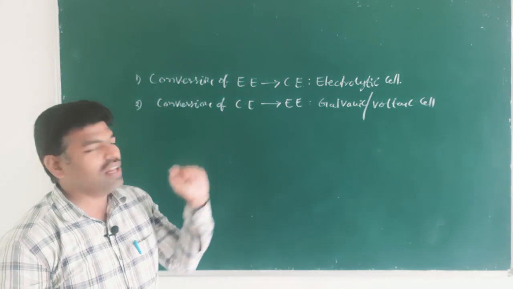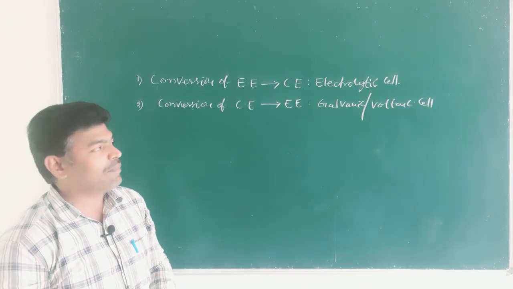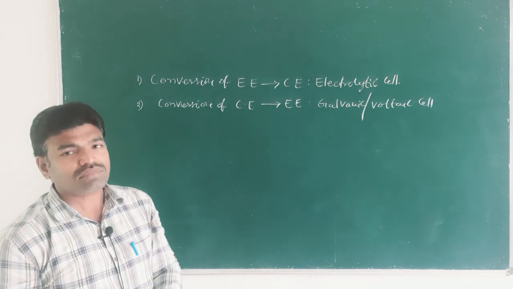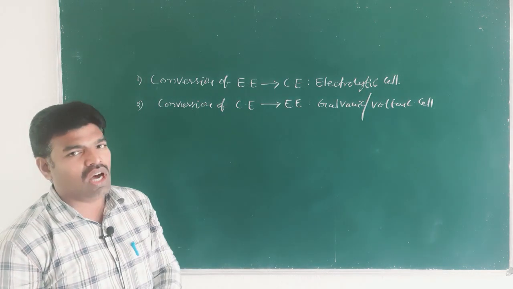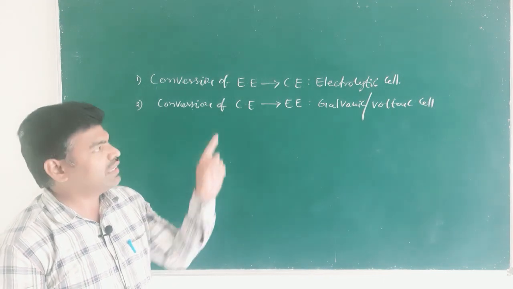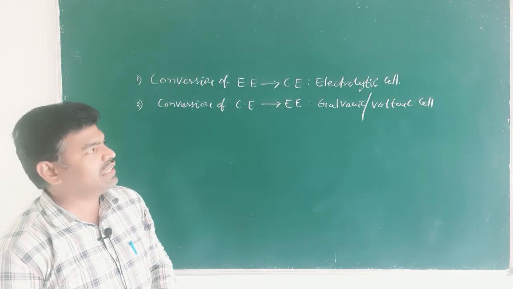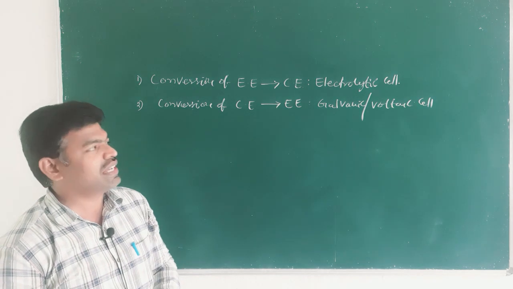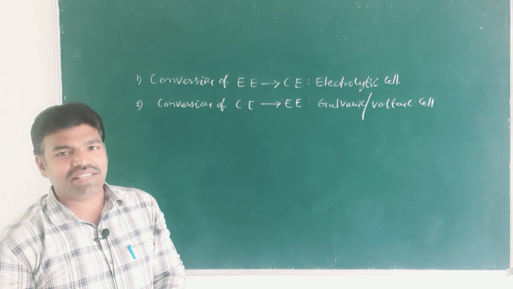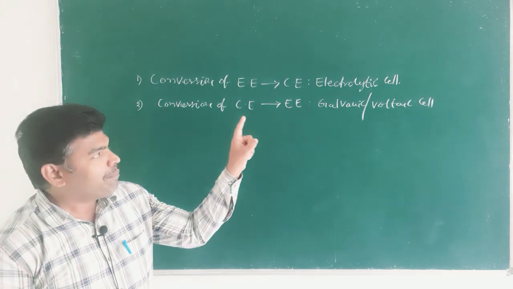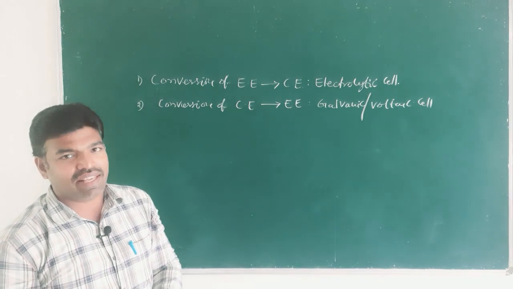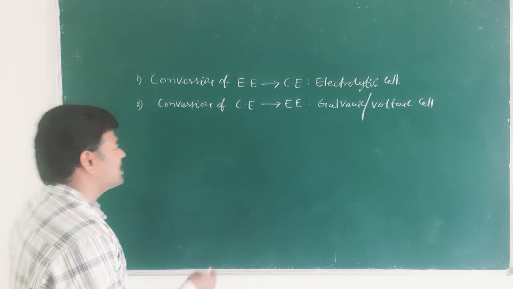In honor of the great scientists Galvani and Volta, these types of cells are termed galvanic or voltaic cells. The best example for a galvanic or voltaic cell is the Daniell cell.